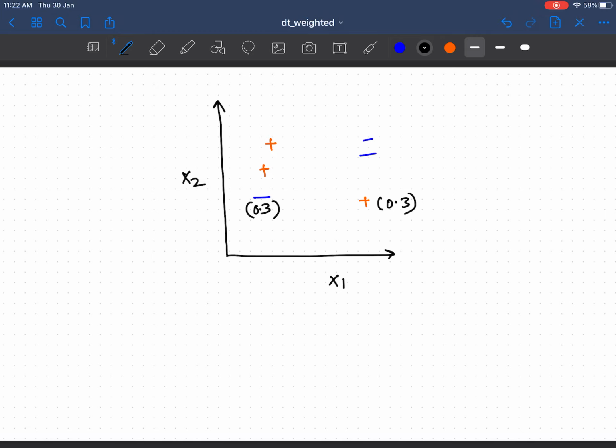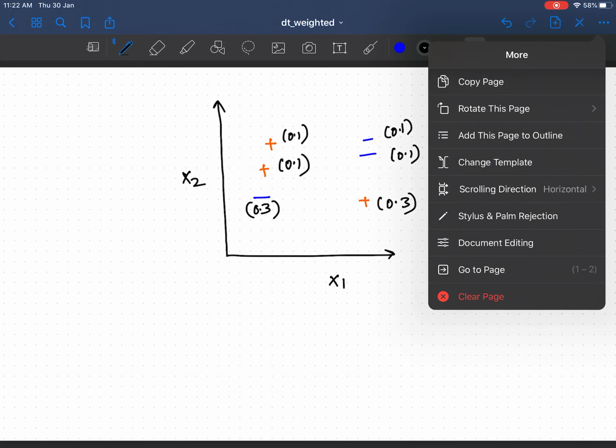If you were to draw a trivial decision boundary somewhere around x1 equal to some value between these points, let's give a weight of 0.1, 0.1, 0.1, and 0.1 to the remaining 4 points. Thus, the sum of the weights is equal to 1. Now, the sum of weights equal to 1 is also a setting which is common, especially in algorithms like AdaBoost, where this is done by design.